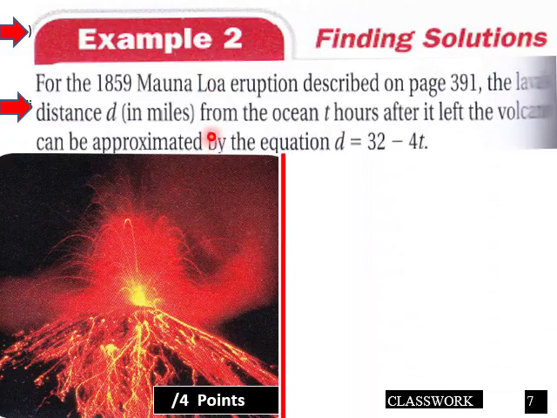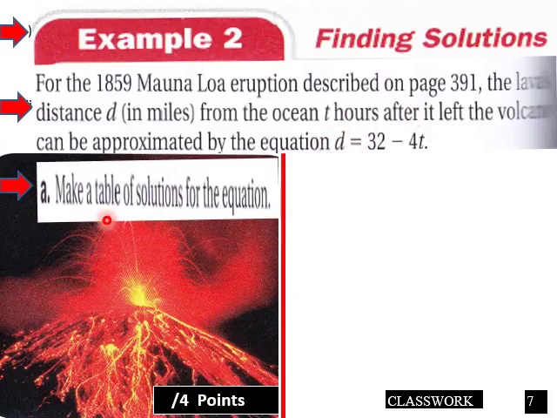Okay, into example 2, finding solutions for the 1859 Mauna Loa eruption described above. The lava distance in miles from the ocean, t hours after it left the volcano, can be approximated by this equation here. Make a table of solutions for the equation.